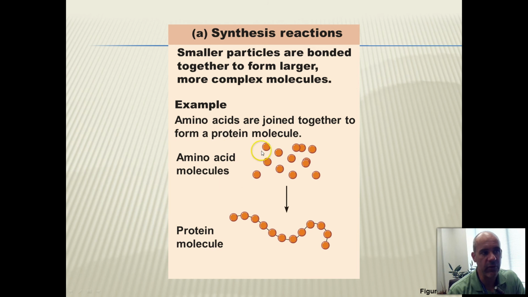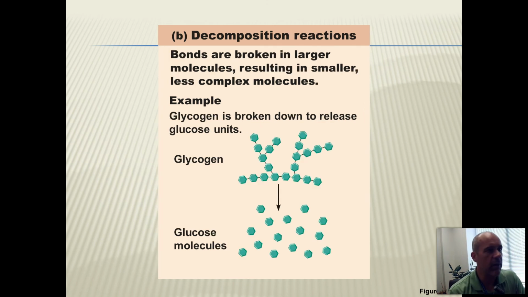So amino acids are smaller little molecules. They're the building blocks of bigger molecules called proteins. All right, so this is a type of synthesis reaction. You are building this larger molecule by covalently bonding amino acids together. So that's a pretty simplified representation of a synthesis reaction.